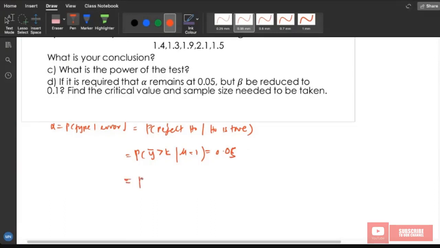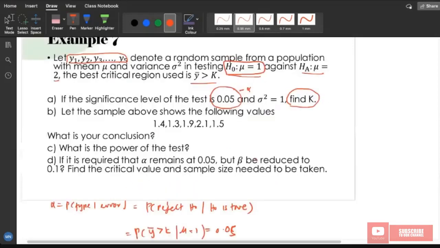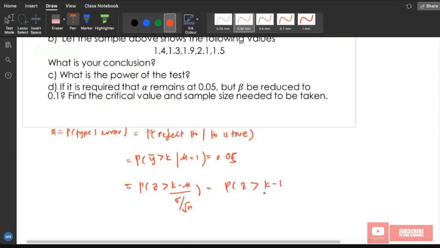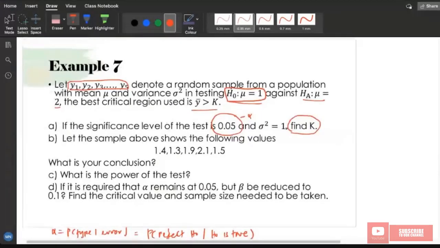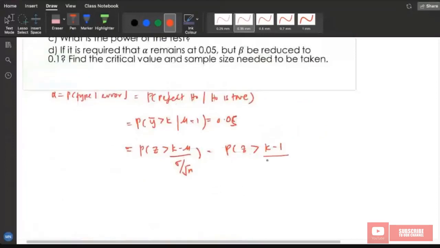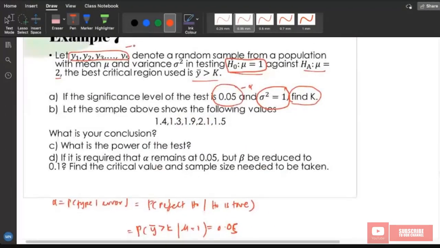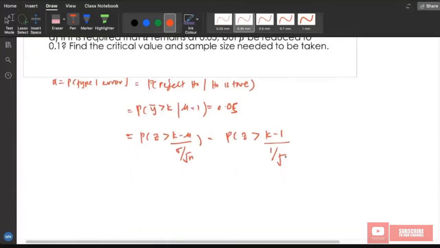So this one, probability of z more than k minus mu divided by sigma over square root of n. Now mu is equal to 1, so k minus 1, divided by our sigma, which is equal to 1 as well, over square root of n. N is 5. So this is equal to 0.05.